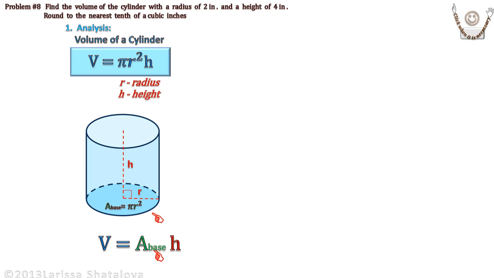Now, in our problem we have height is 4 inches and radius is 2 inches. So we can use the first notation, V equals pi radius squared times height, where we have to solve this equation for V, when radius is 2 and height is 4.